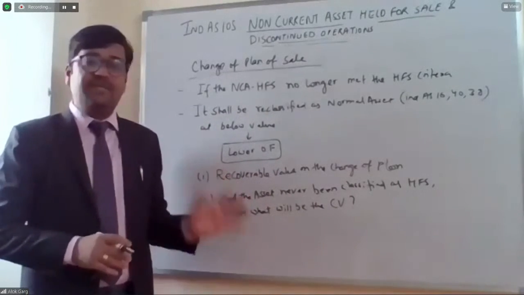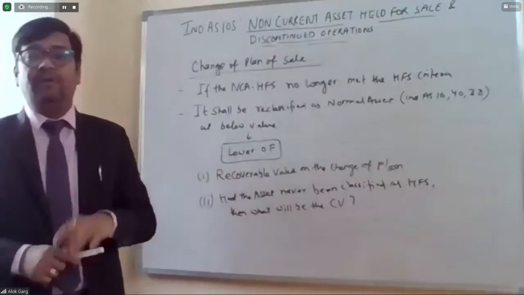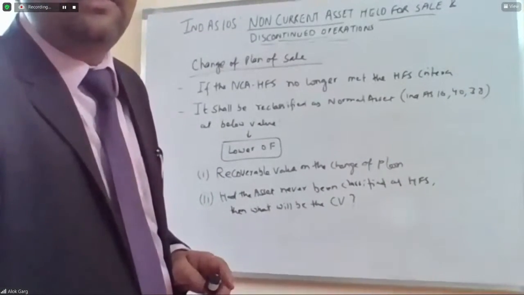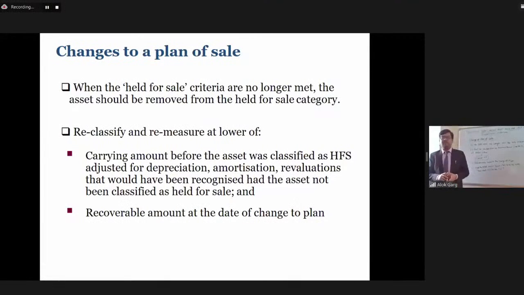So let's understand this concept with the help of a comprehensive question which is there in my presentation. So friends, when the held for sale criteria are no longer met, the asset should be removed from the held for sale category.